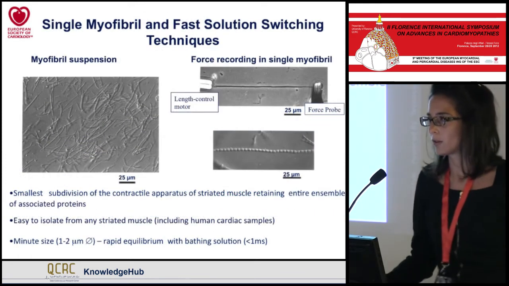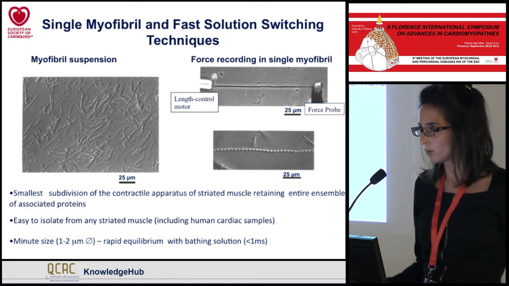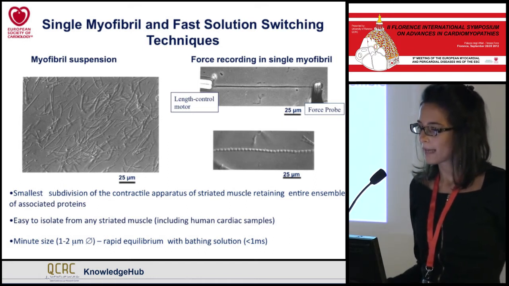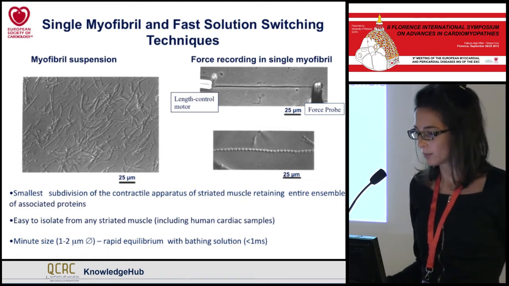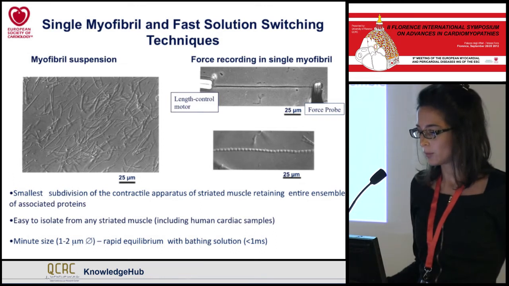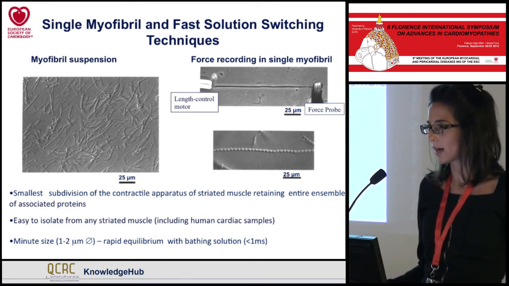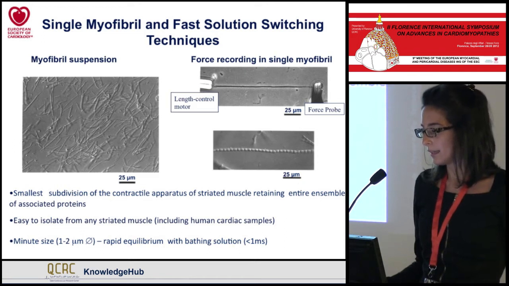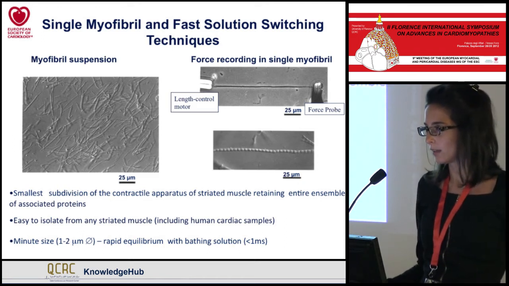We use single myofibrils or a small bundle of myofibrils, and the useful thing about this technique is that myofibrils permit us to work with the smallest subdivision of the contractile apparatus of the striated muscle, retaining the entire ensemble of associated proteins.